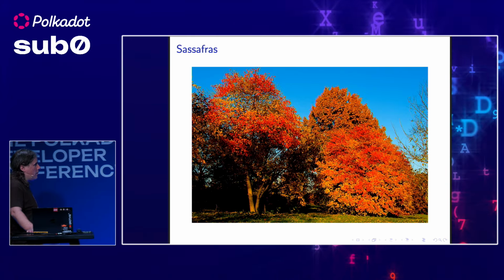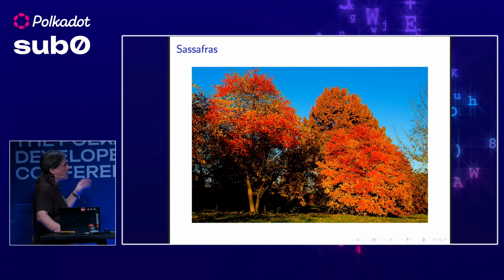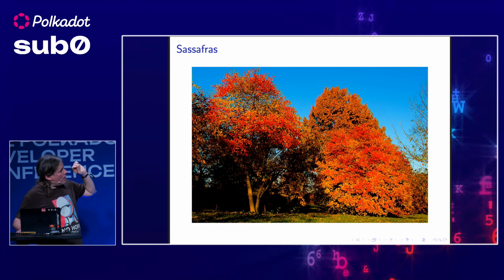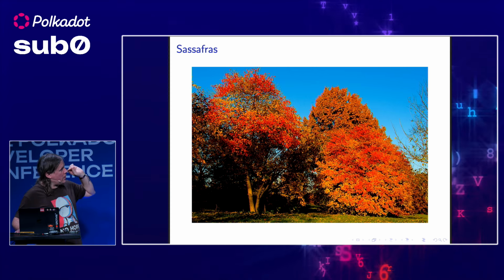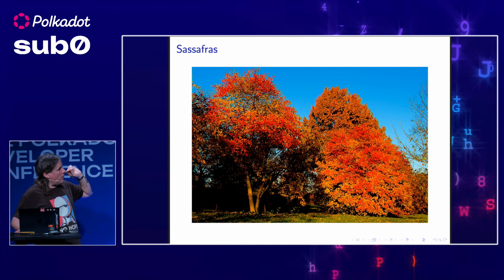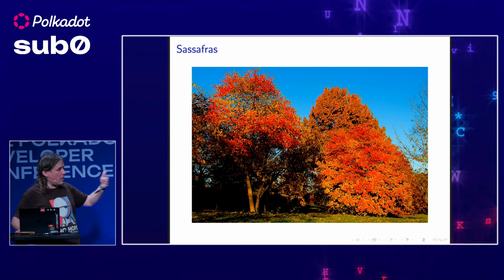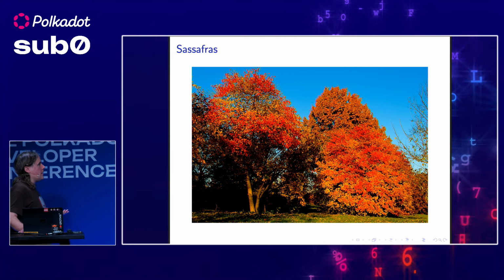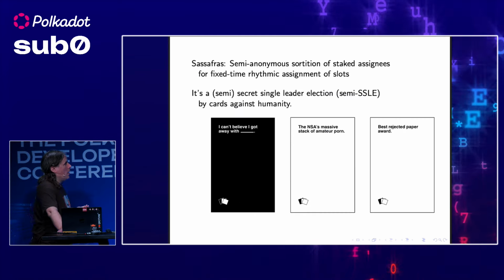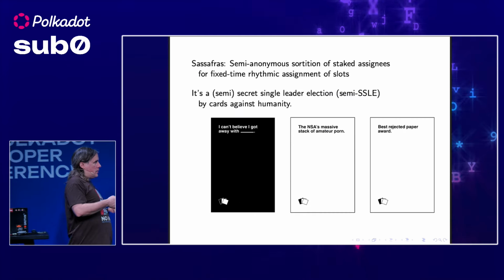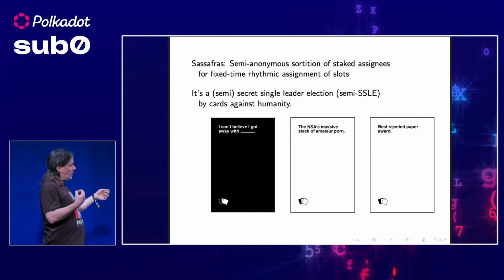So this is a beautiful sassafras tree. The thing that we were very interested in for Polkadot, aside from the identity stuff, is actually block production. Sassafras is one of these secret single leader election schemes.